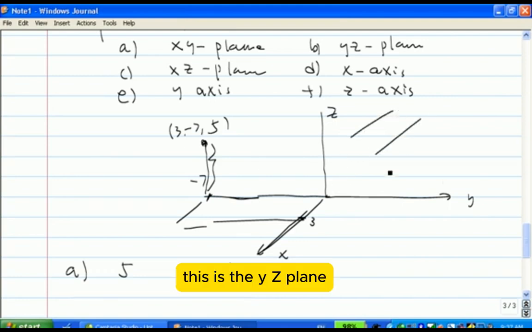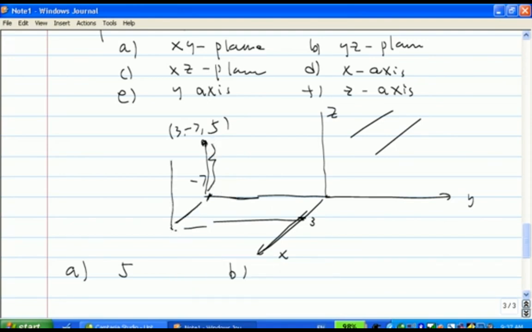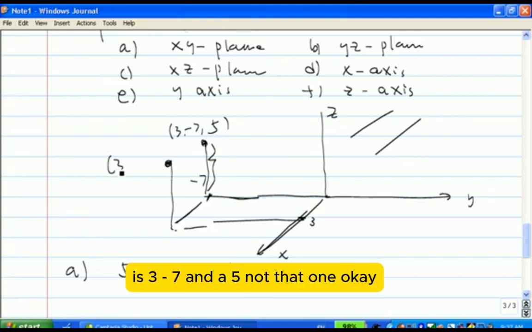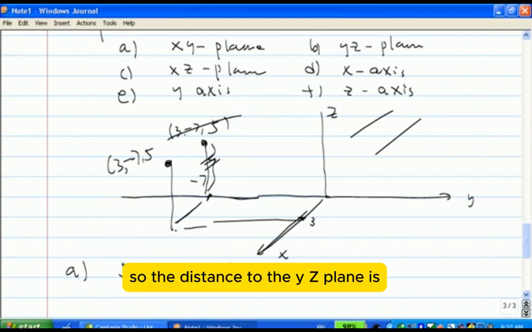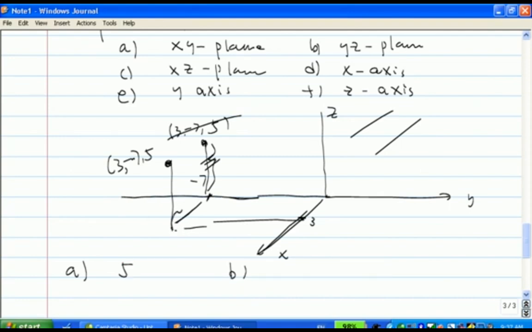This is the yz plane. Wait, not that point, sorry. The point here is (3, -7, 5). So the distance to the yz plane is this one, right? What is that? 3. Correct?